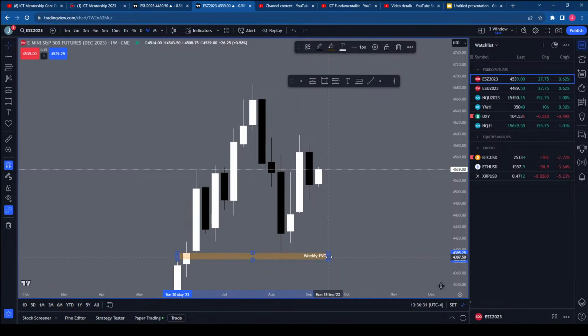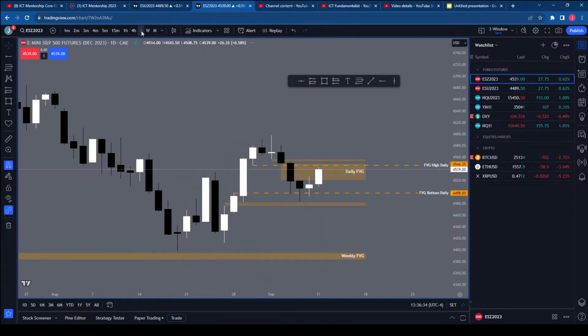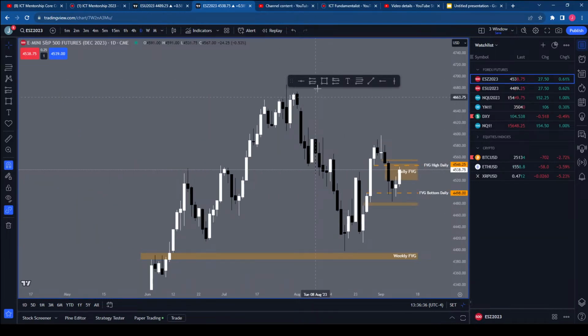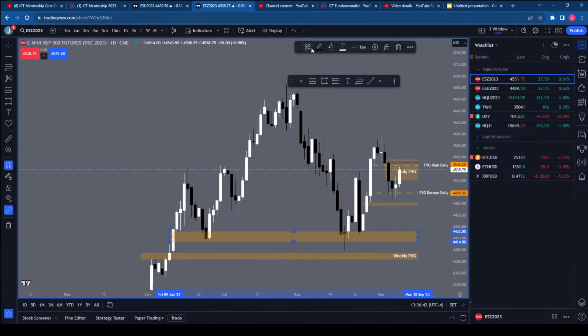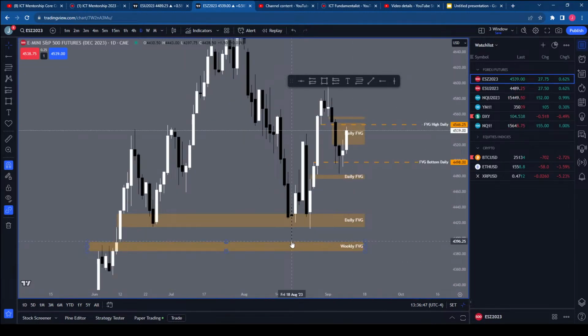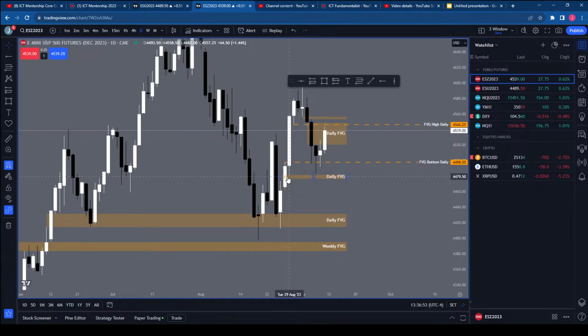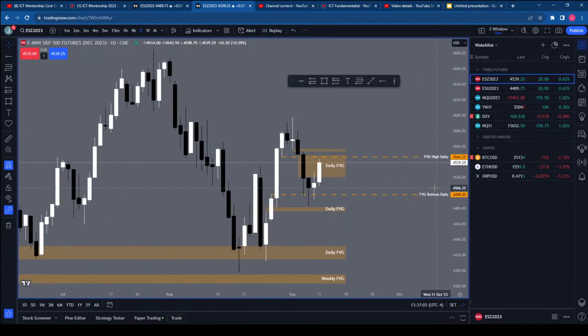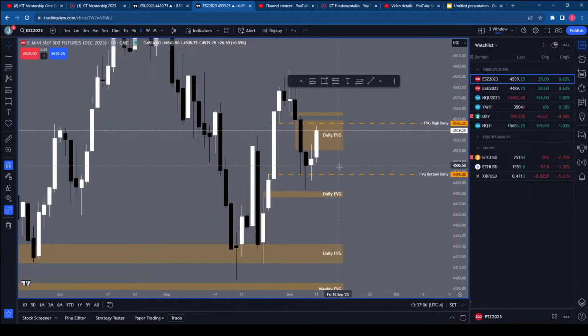Fair value gap weekly. I'll go down to daily. Okay, so that's the fair value gap from the other week that we just missed. We respected this daily, came back up, created that, working our way inside of this fair value gap, this BISI. We're also inside this SIBI. I think that's all I want for daily price.